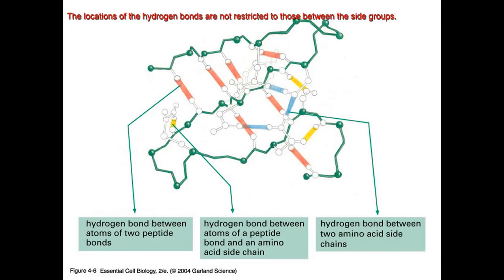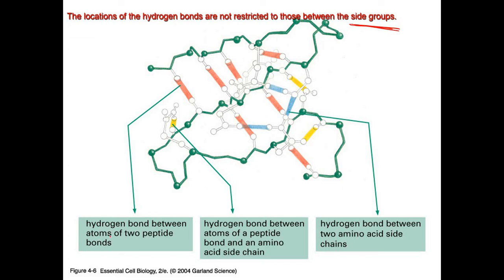Okay? The locations of the hydrogen bonds are not restricted to those between the side groups. Okay, so hydrogen bond between atoms of two peptide bonds. So as I've said, hydrogen bonds are not only on the side groups. Okay, it's not just for side groups. As I've said earlier, there is hydrogen bond that comes from the amino acid portion and the carboxyl portion.